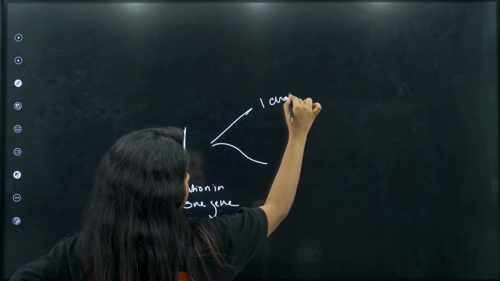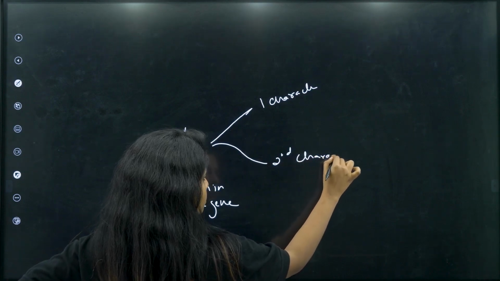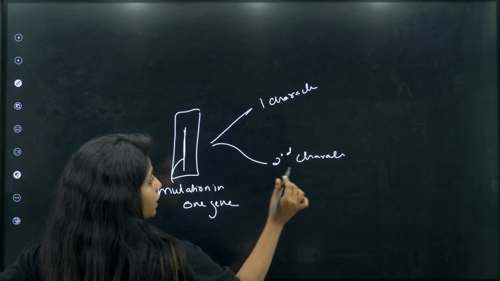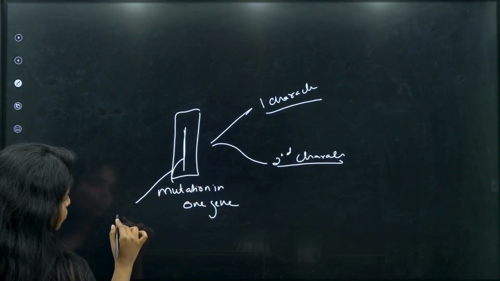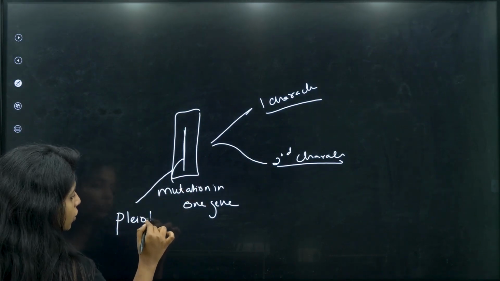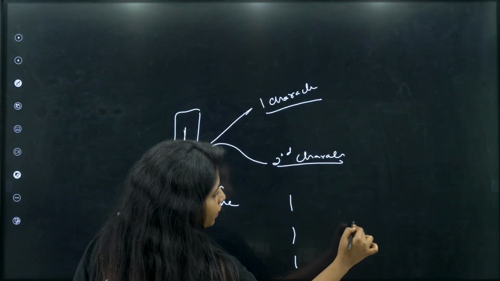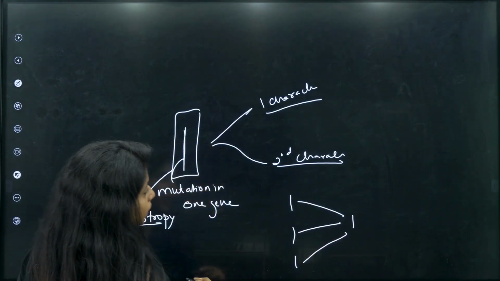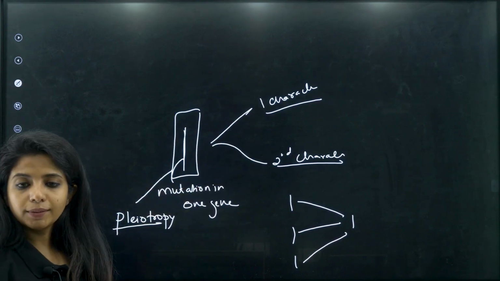This is one character, this is the second character. So basically that means one gene is responsible for both the characters. This is known as pleiotropy. Pleiotropy and polygeny, please do not get confused. Polygeny is where you have multiple genes for one character, that is skin color. Pleiotropy is where you have one gene for multiple characters. Fine.